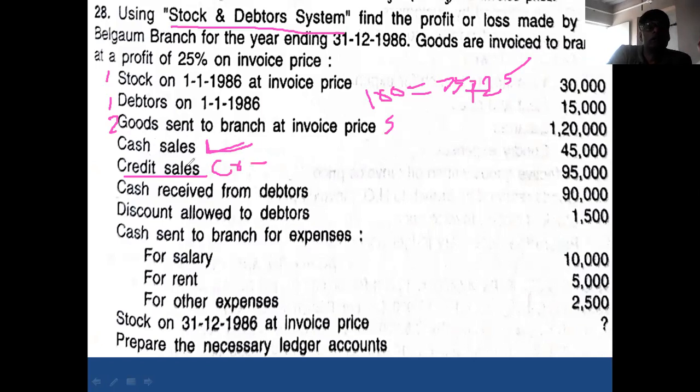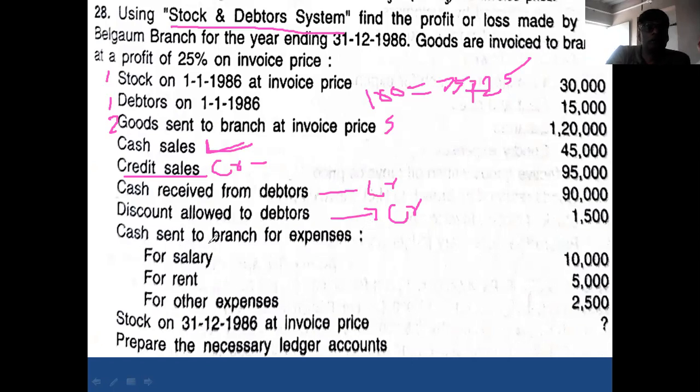We record this as by debtors account. Cash received from debtors goes on the debtors account credit side. Discount also goes on the debtors account credit side, but you have to write it under the heading branch expense. Next, cash sent to branch for expense.